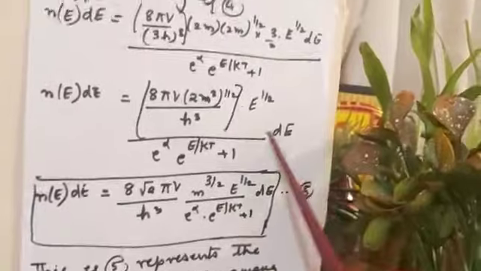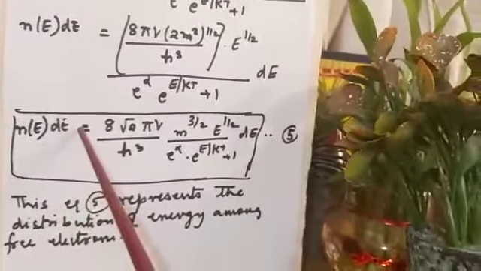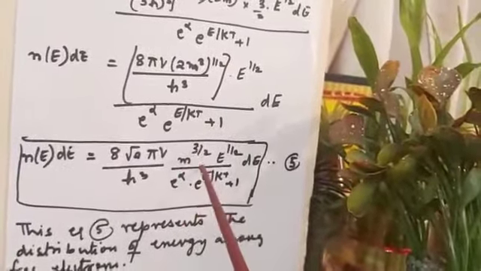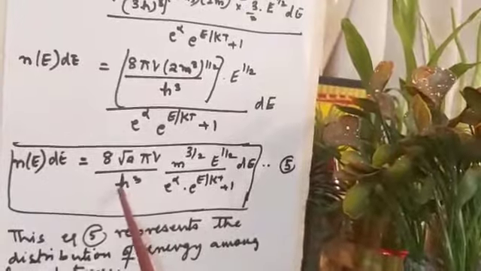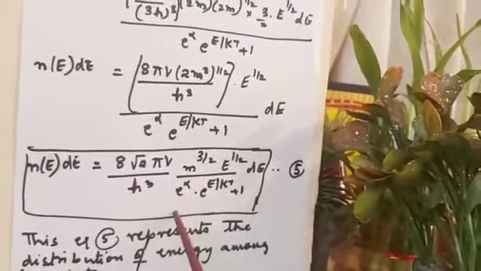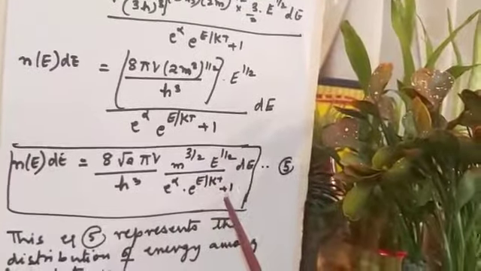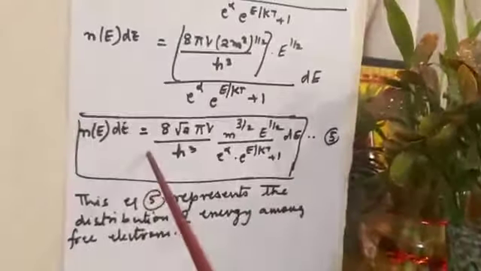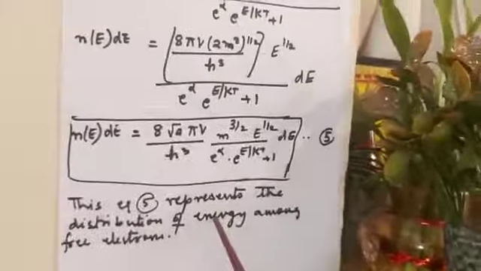Simplifying further, n(E)dE equals 8 root 2 pi V m to the power of 3 by 2, E to the power of half dE, divided by h cubed, e to the power of alpha, exponential to the power of E by kT, plus 1. This is my equation number 5, and this equation 5 represents the distribution of energy among the free electrons.